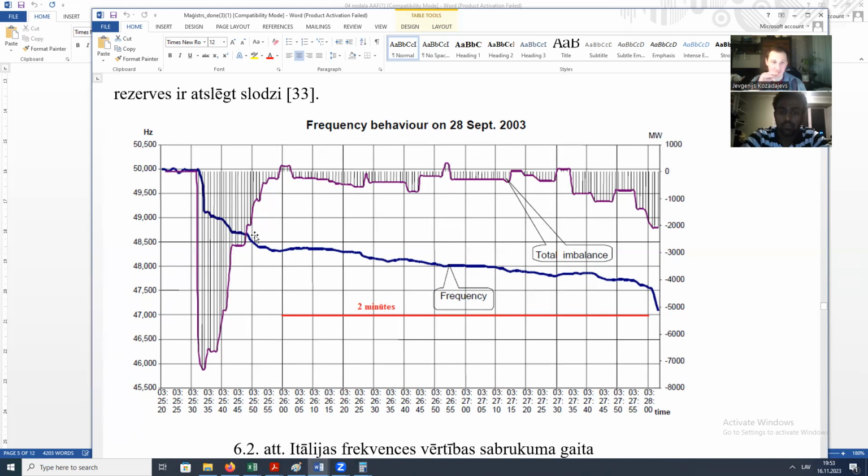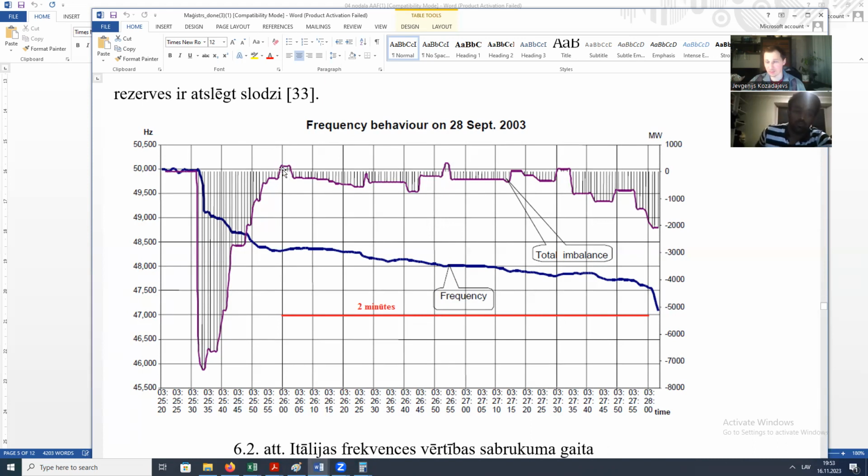Here we see that at this time we have disconnected enough consumers by the under frequency automation to keep the system in balance.